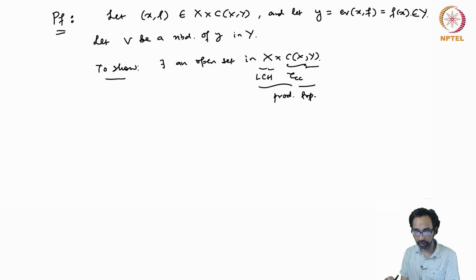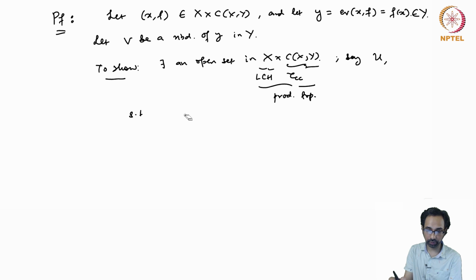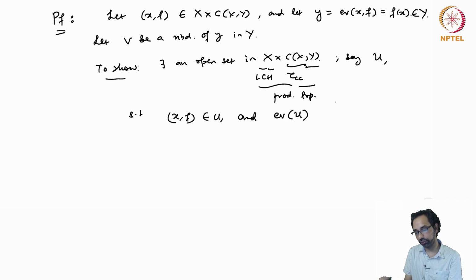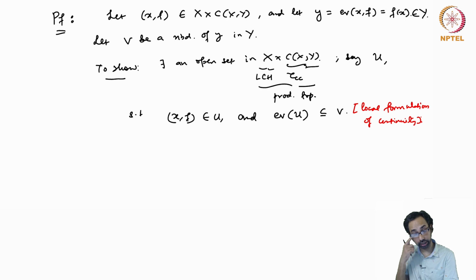So we want to show that there exists an open set in this product space, say U, such that it contains (x, f), that is, (x, f) is contained inside U, and the evaluation of U lies inside V. So this is the local formulation of continuity of a function, which we did in one of the earlier lectures about continuity.